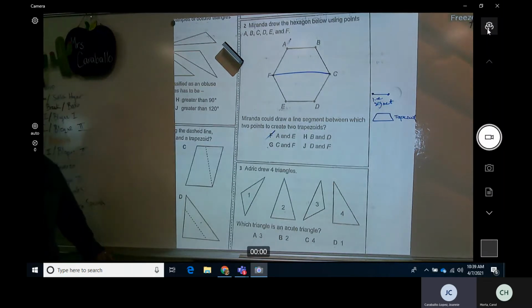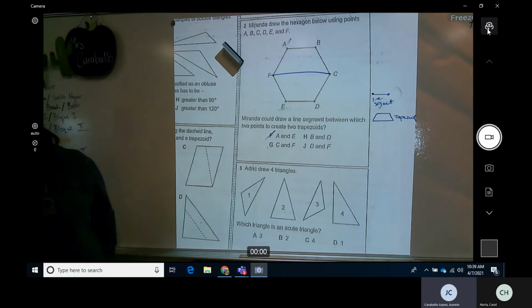Adric drew 4 triangles. Is that plural? Yes. Plural, a word has to end with a what? S. Go wash your face. Which triangle is an acute triangle? Choose your answer.